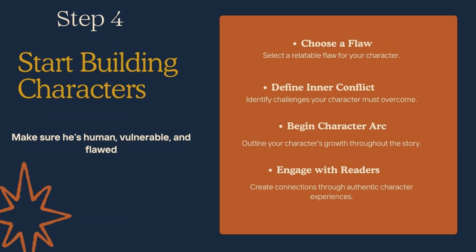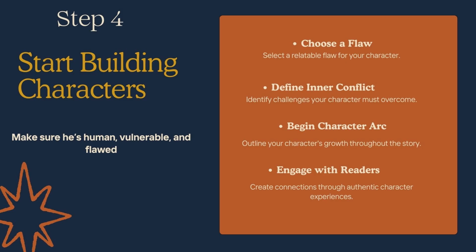Four, start building character. Make sure he is human, vulnerable, and flawed. So choose a flaw for your character. Select a relatable flaw for your character. Make sure you define his inner conflict.